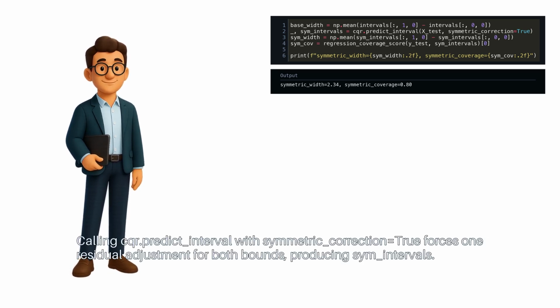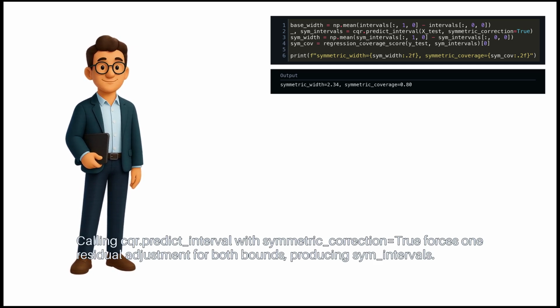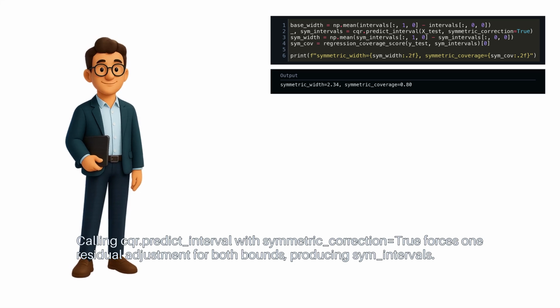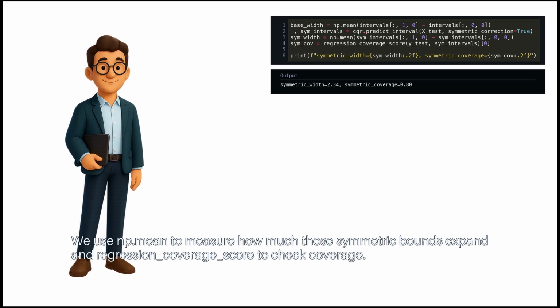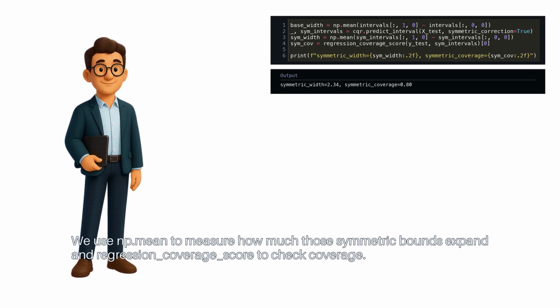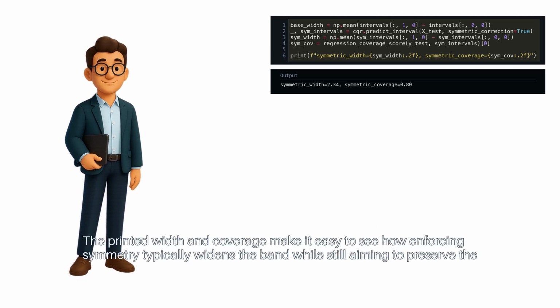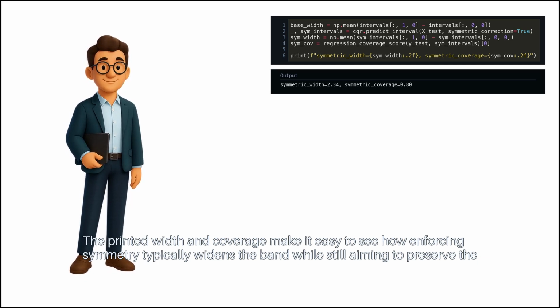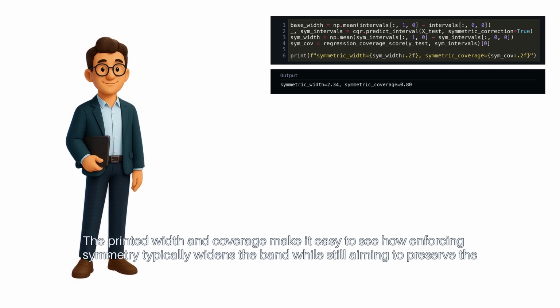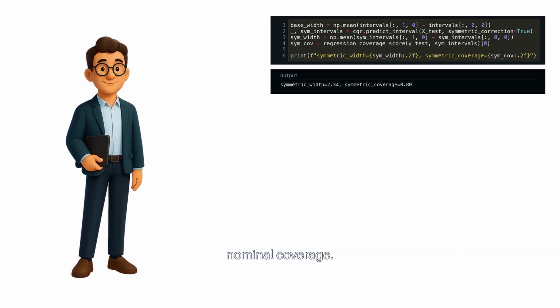Calling CQR predict interval with symmetric correction equals true forces one residual adjustment for both bounds, producing symmetric intervals. We use np.mean to measure how much those symmetric bounds expand, and regression coverage score to check coverage. The printed width and coverage make it easy to see how enforcing symmetry typically widens the band while still aiming to preserve the nominal coverage.